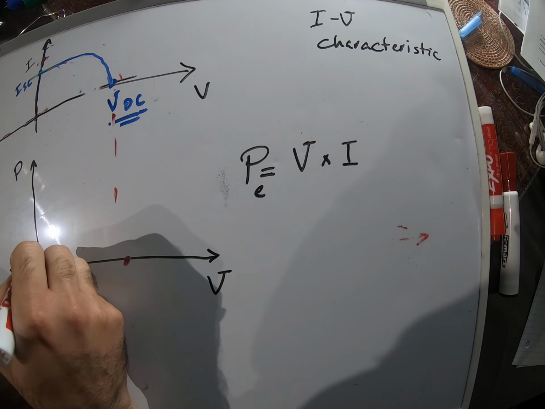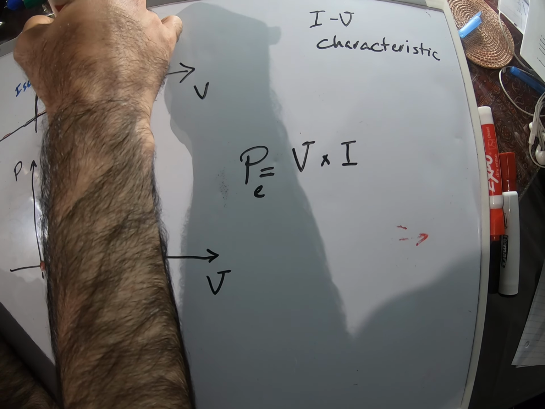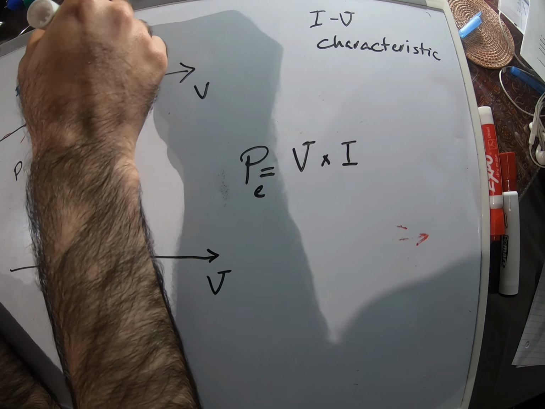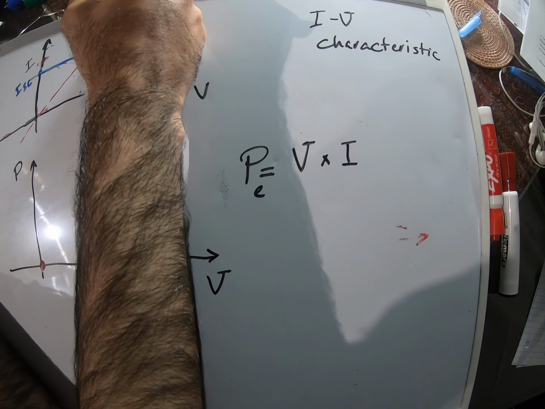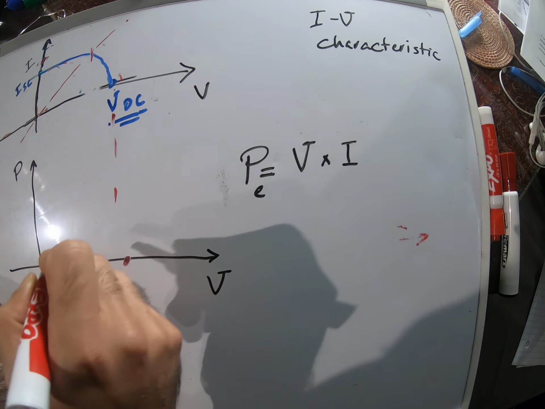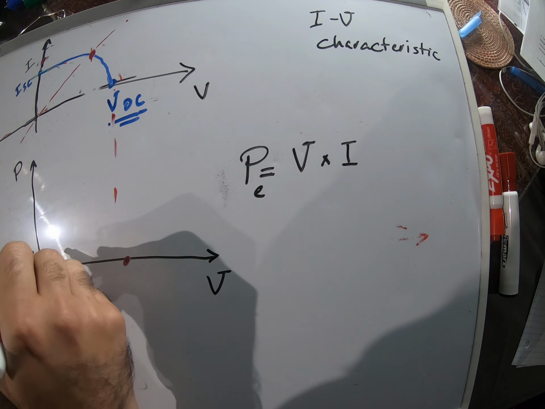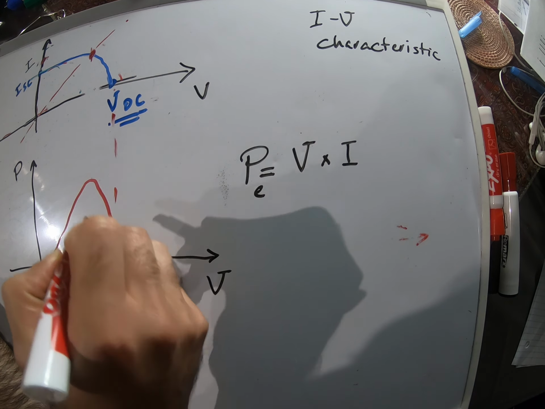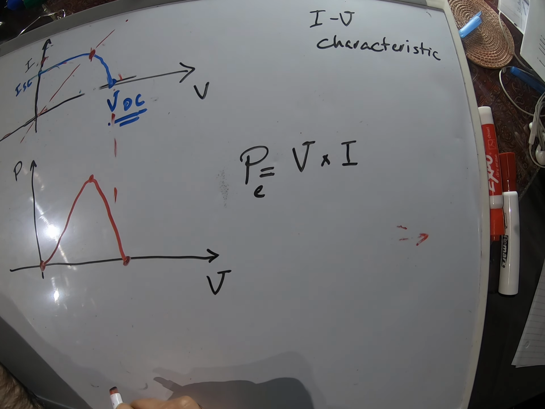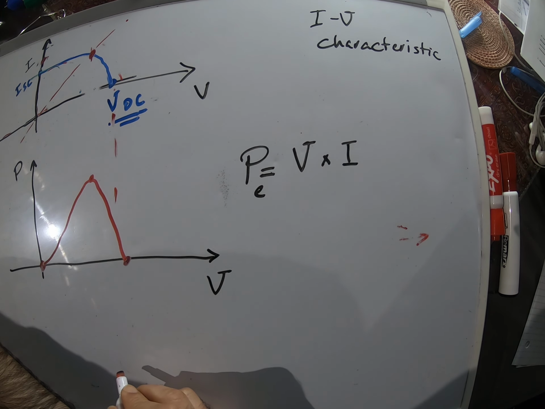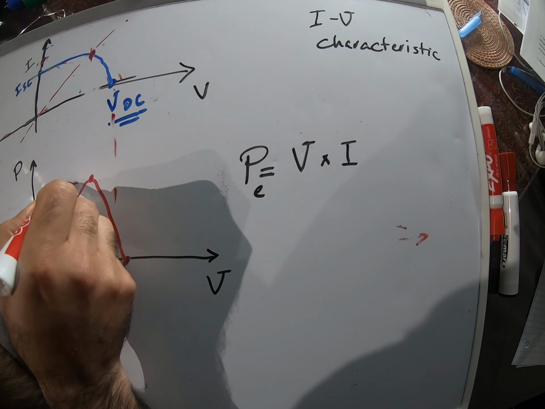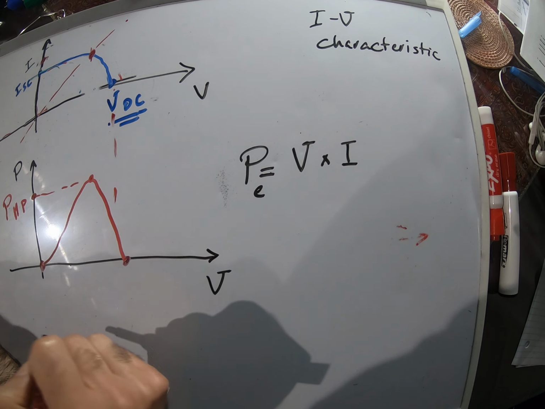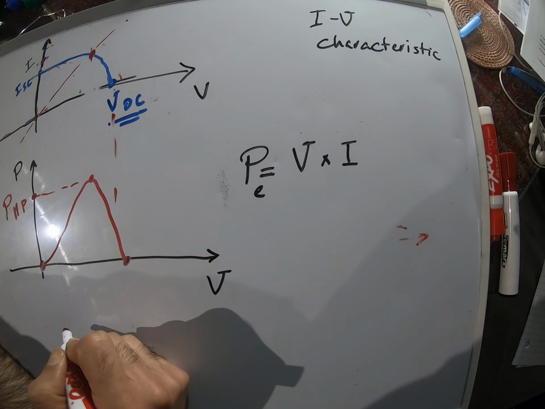And if we draw this, you see that at this knee point that we have here, we would have our power peak. So this is the peak of the power voltage curve, right? And this is the point that we get the maximum power from our solar cell.